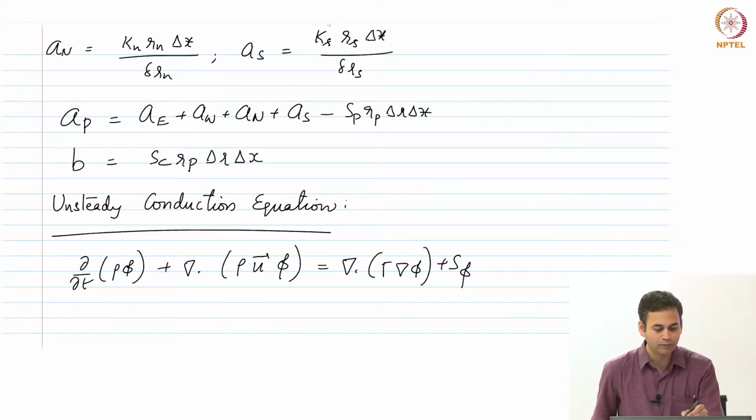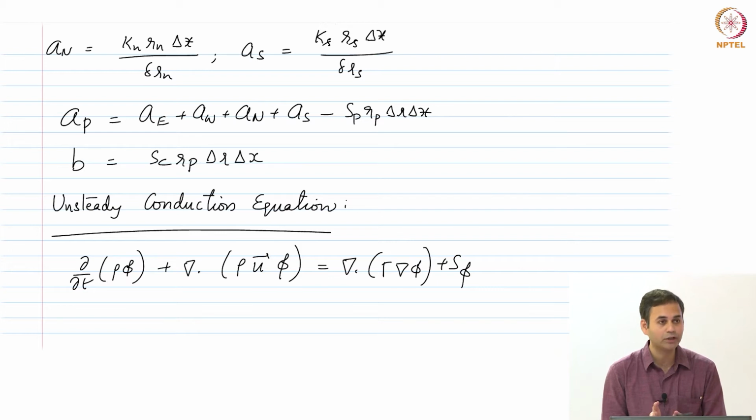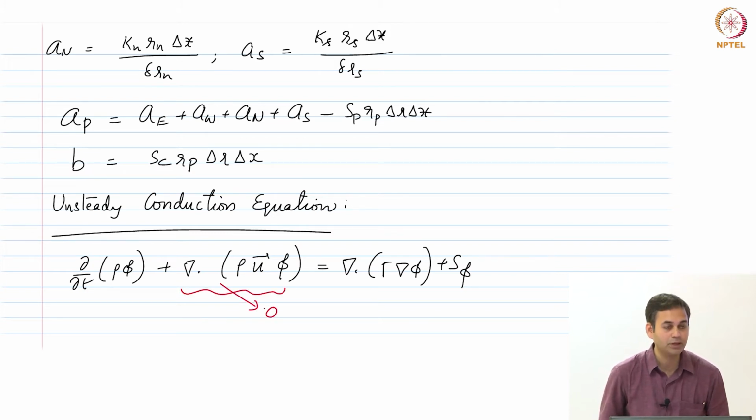Up till now we have set everything on the left hand side as 0. We knocked out the unsteady term and the convection term, and we were working only with del dot gamma grad phi plus s phi. Now we will only set the convection term to 0. As a result, we have the unsteady diffusion equation.